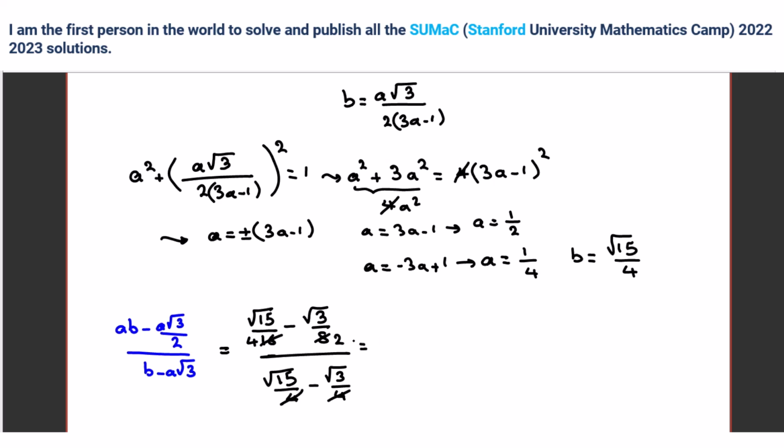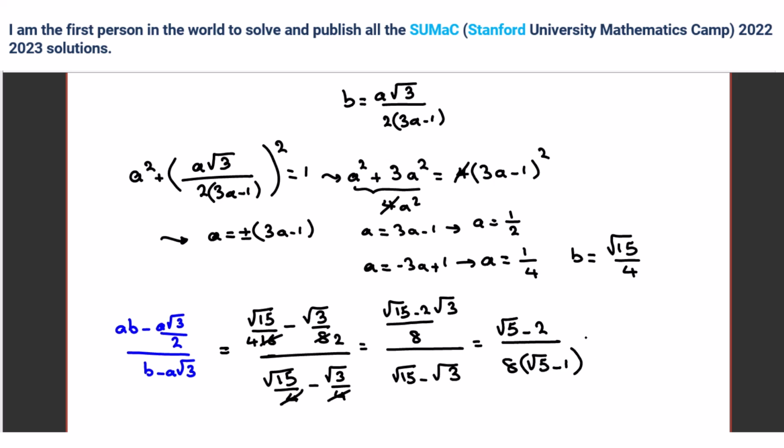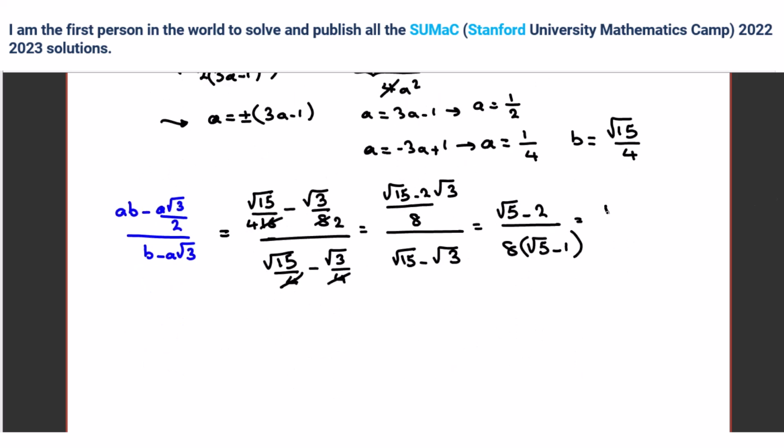If you cancel 8, it would be 2 root 15 minus 2 root 3 over root 15 minus root 3. We can cancel root 3, it would be root 5 minus 2, all over 8 root 5 minus 1, right? Is it 1/3? I don't think so.